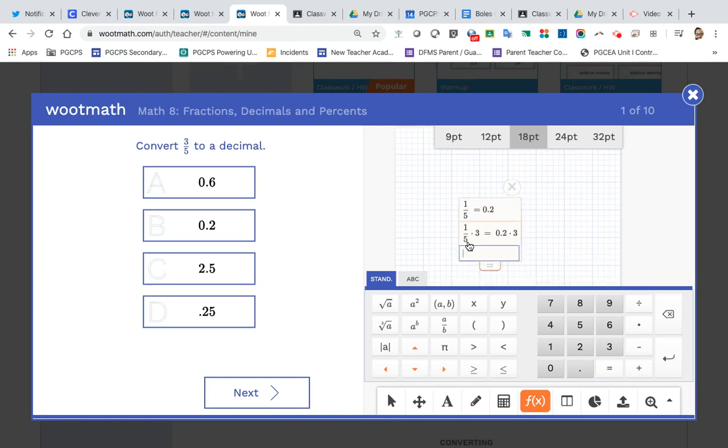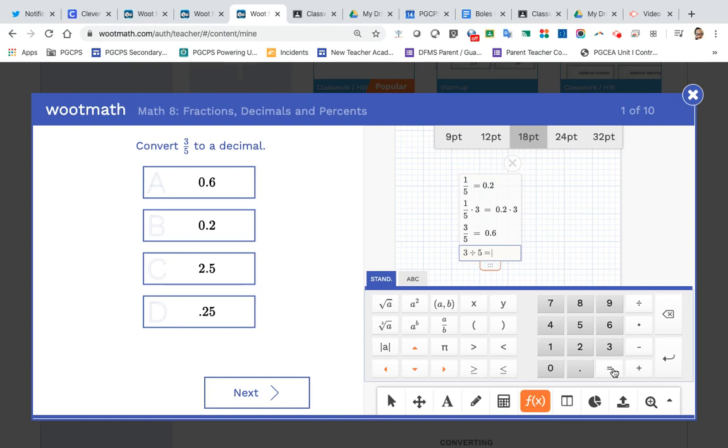Go down again, then I get 3 divided by 5 is equal to 0.6. Or I could have done it even faster by doing 3 divided by 5.